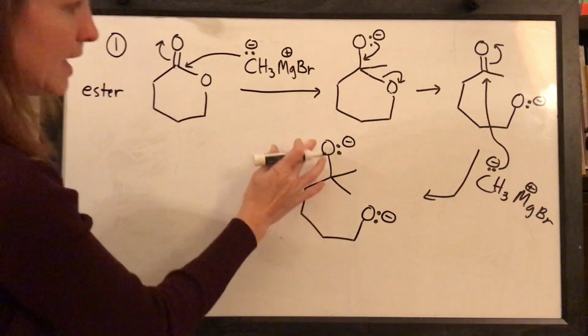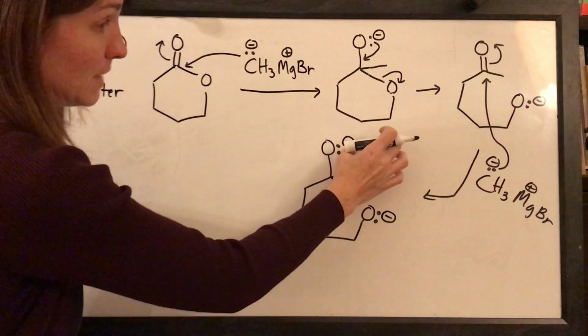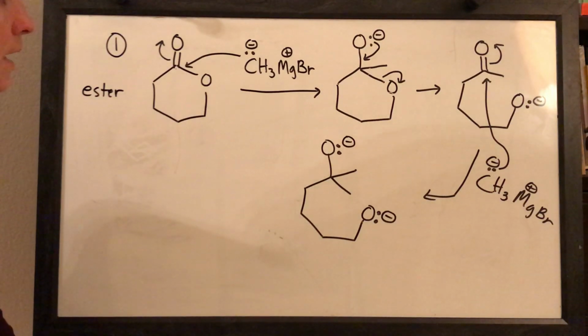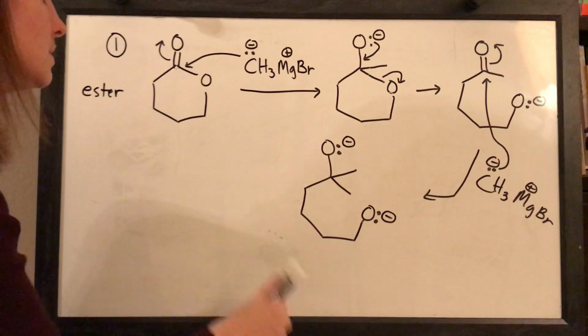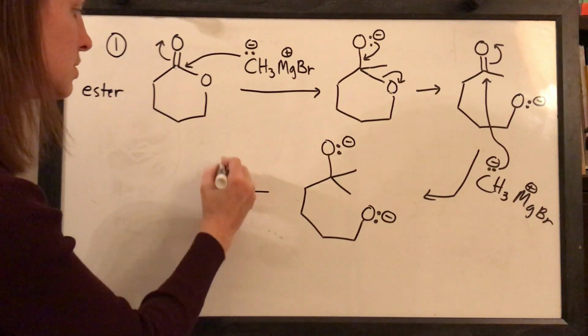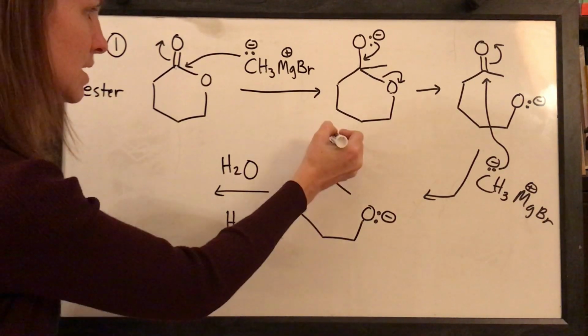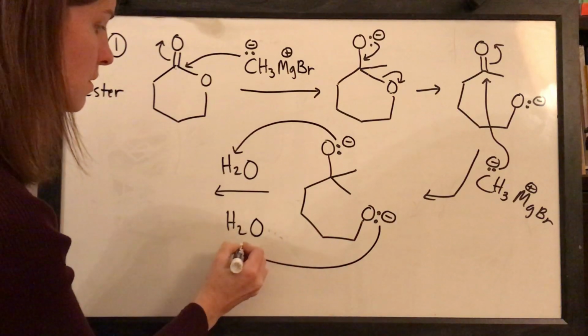And at this point, I have two oxygens with minus charges on them, and there would be MgBr counter ions next to each. If you want to draw them in, you can, but you don't have to. And then the reagent just sits here and does nothing. There's no more leaving group to kick out. So nothing will happen until you add water to quench the reaction. And I'm going to write two water molecules here because each of these oxygen atoms is going to get protonated by a different water molecule.